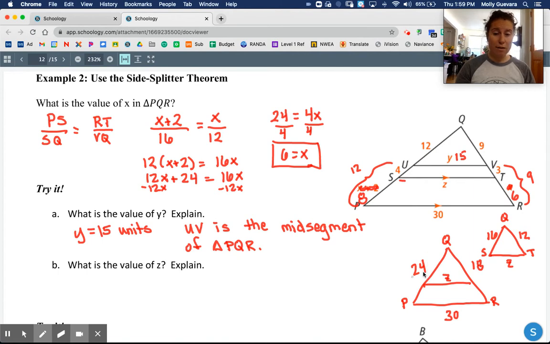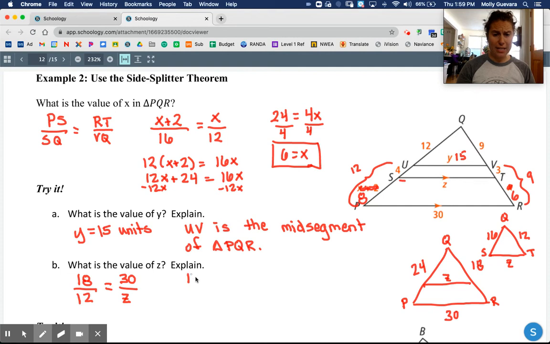So I can use 24 and 16. I can use 18 and 12. It doesn't matter. So I'm going to use 18 and 12. So 18 in the big triangle over 12 in the small triangle is proportionate to 30 in the big triangle over z in the small triangle. And I'm just going to cross multiply.